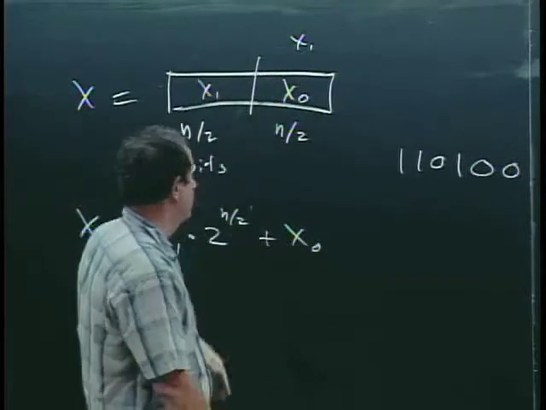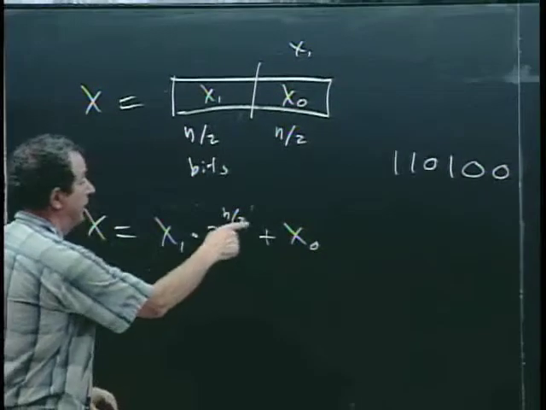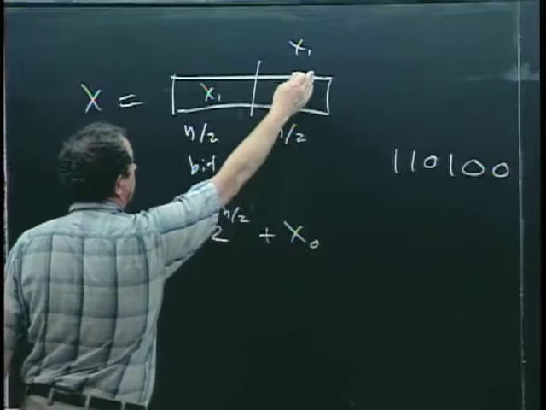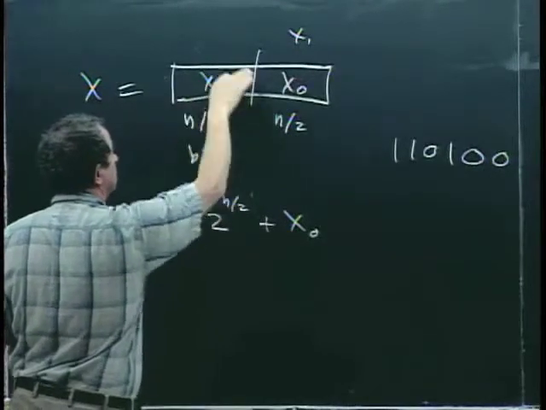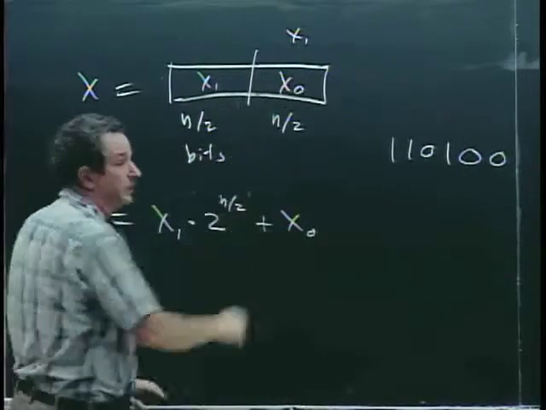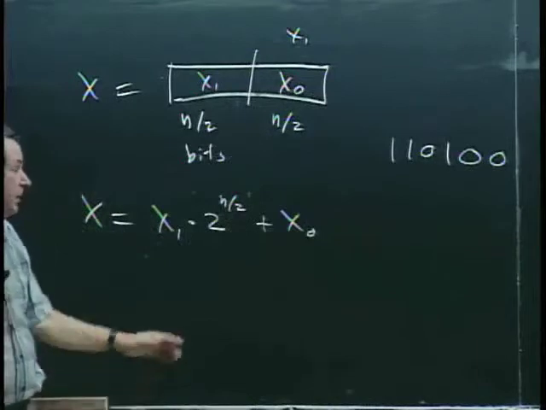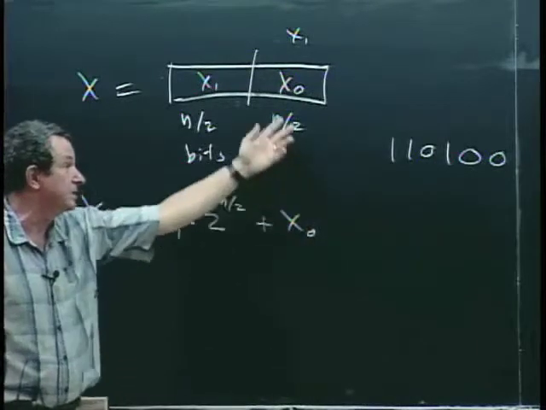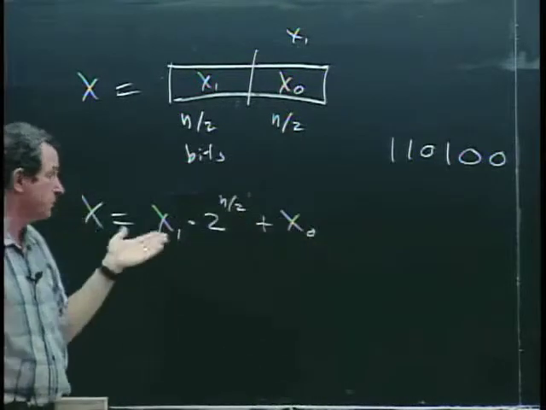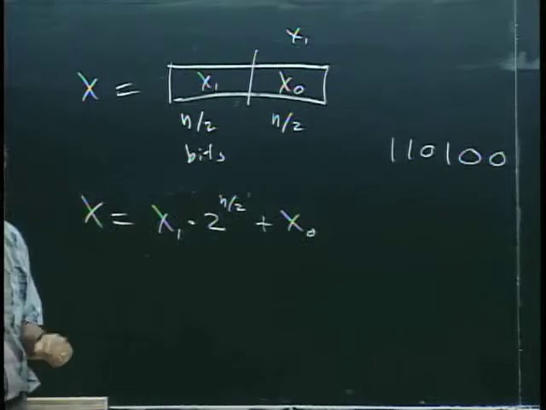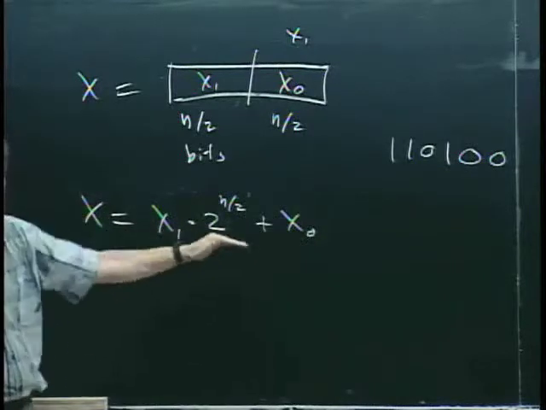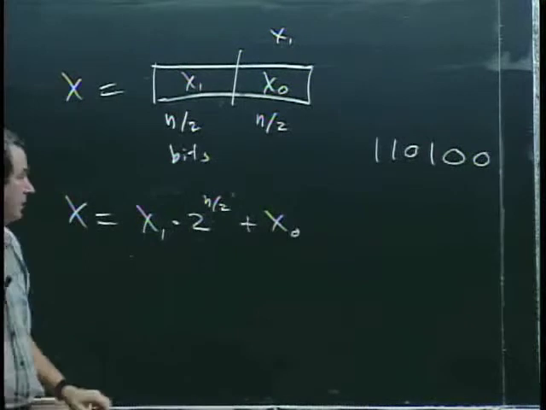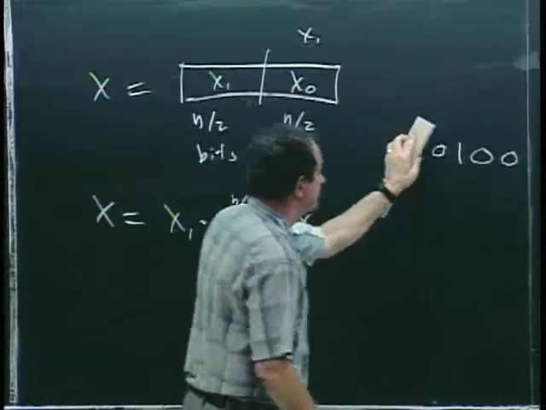And so when you multiply it by 2 to the n over 2, x1 moves over to here, and the trailing elements are all zeros. And then if you add to that x0, this is what x is equal to. So that's the logic behind this little fact.